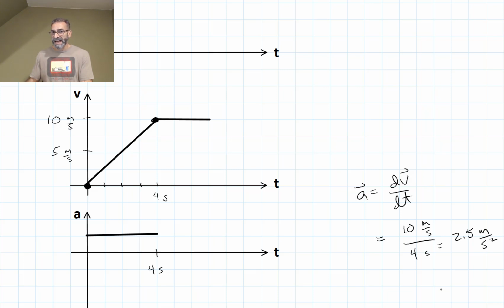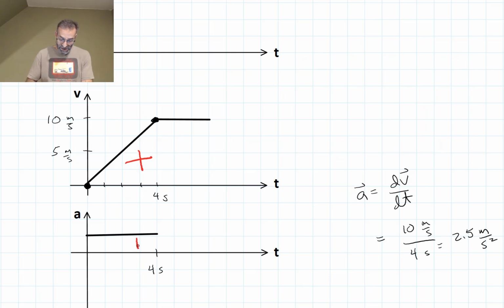Let's think about the sign for a second. Was our speed increasing or decreasing? It was increasing. And our velocity is positive. We drew it in the positive direction. Positive 5, positive 10. If our velocity is increasing and it's positive, then our acceleration has to point in the same direction.